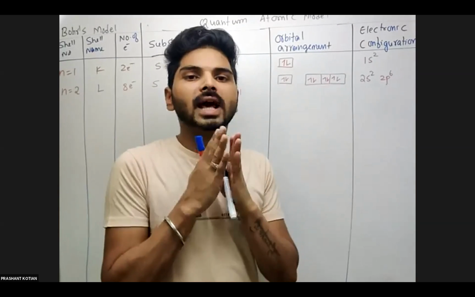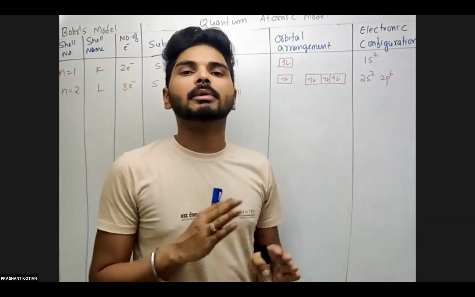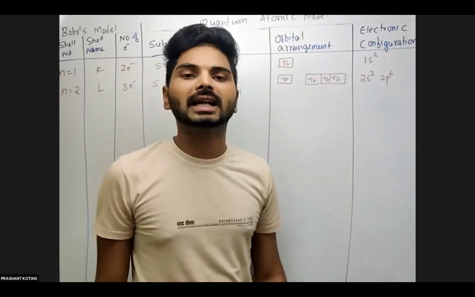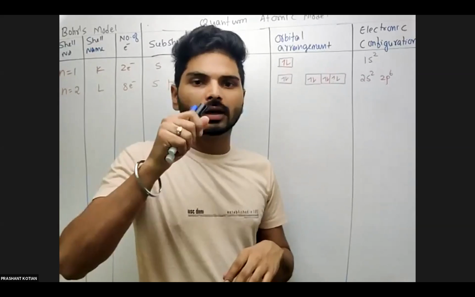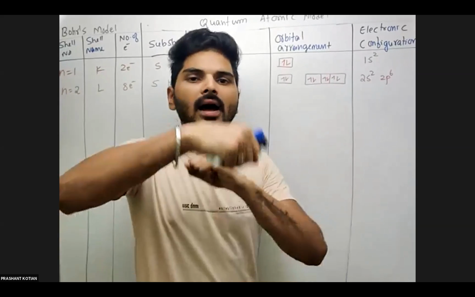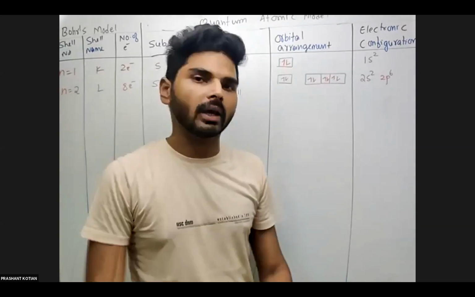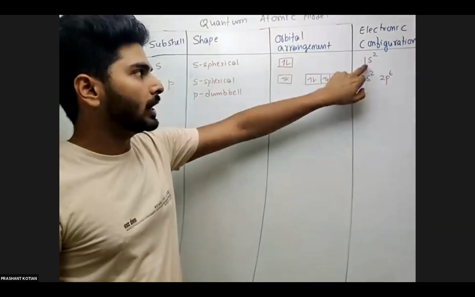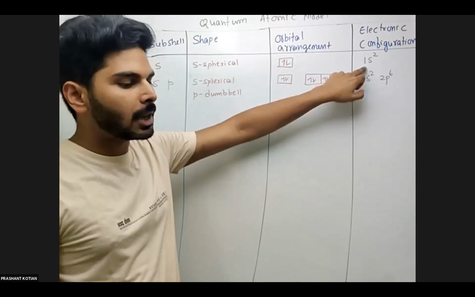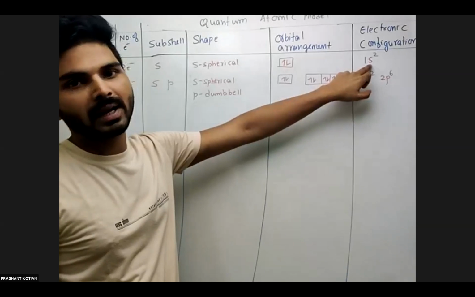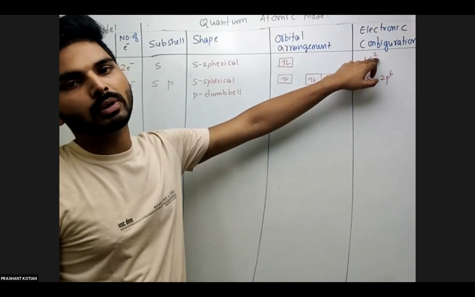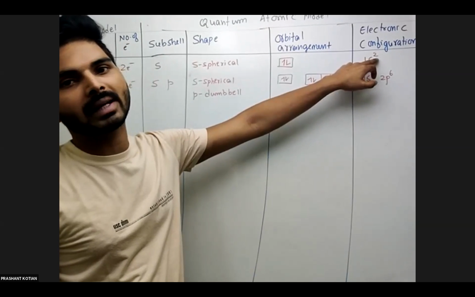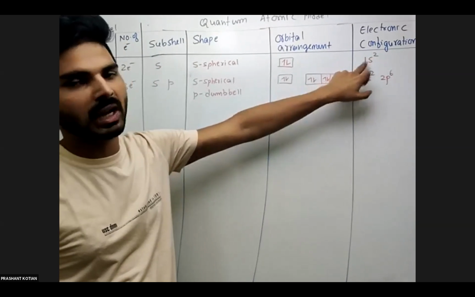If two electrons have opposite spin, then something called pairing happens. You have to understand they get paired there. So they will be together as a pair and revolving around the nucleus in a spherical manner. Here 1 stands for first shell and s stands for spherical in nature, and this 2 stands for a maximum of 2 electrons that can occupy in a spherical manner at the first shell.